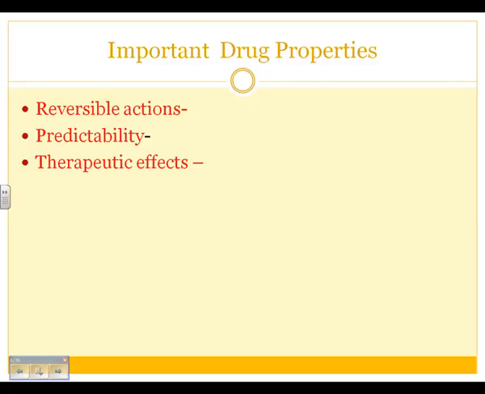If we're given something for blood pressure, we want the blood pressure to go down if we're given an antihypertensive. And then therapeutic effects is where we want that drug to be. That's what we want that drug to do. If they're hypertensive, we give an antihypertensive. The therapeutic effect of that would be that the blood pressure is within normal range, or at least decreased. Okay? Good?